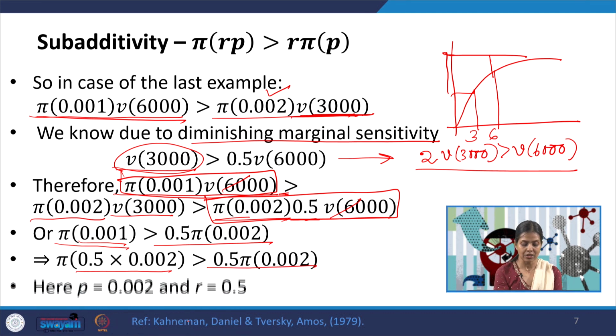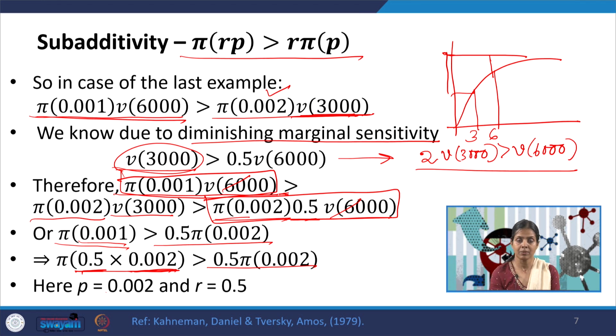So, this actually implies that pi(rp) is greater than r pi(p), where p takes a value of 0.002 here and r is equal to 0.5. So, this proves sub-additivity for very small probabilities.